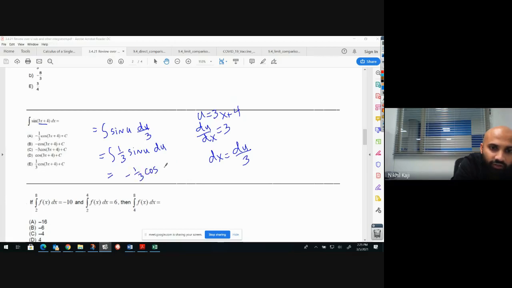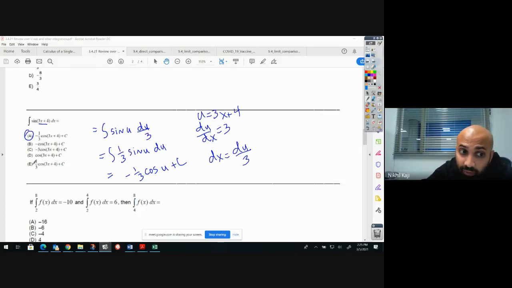It's a coefficient. Plus c. Now we just have to plug in our u, which is 3x plus 4, and go from there. And look, they have answers that are very similar if you forgot the negative or if you forgot that 1/3. It's right there or right here. So be careful.